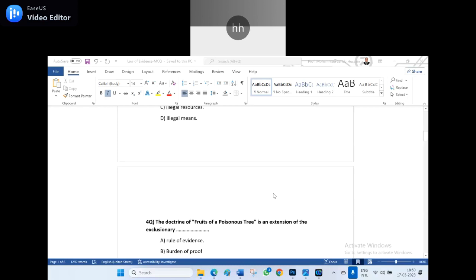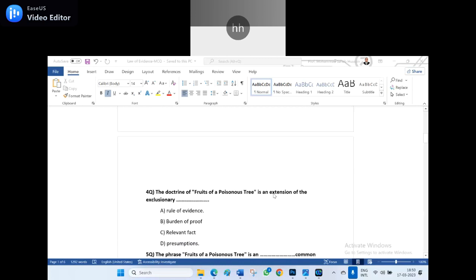Now the fourth question. The doctrine of fruits of a poisonous tree is an extension of the exclusionary dash. A, rule of evidence. B, burden of proof. C, relevant fact. D, presumptions. Option D, presumption. Wrong.